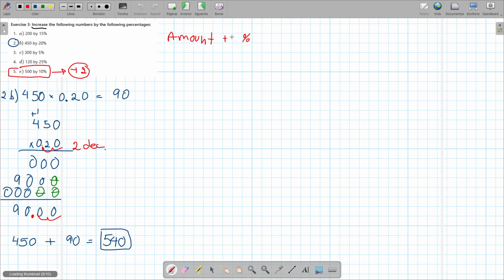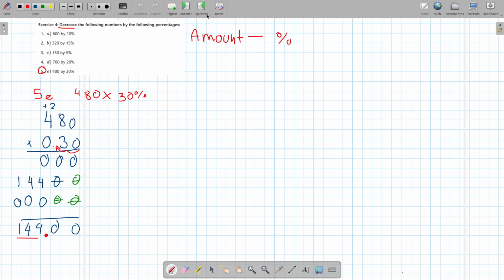If you realize it's the same, but here instead of adding, I have to do subtraction. Now, in this case, because we have the 480, I will subtract 144, and this is going to be my answer.